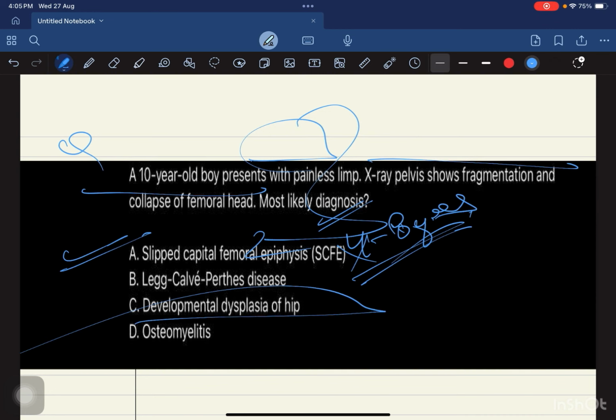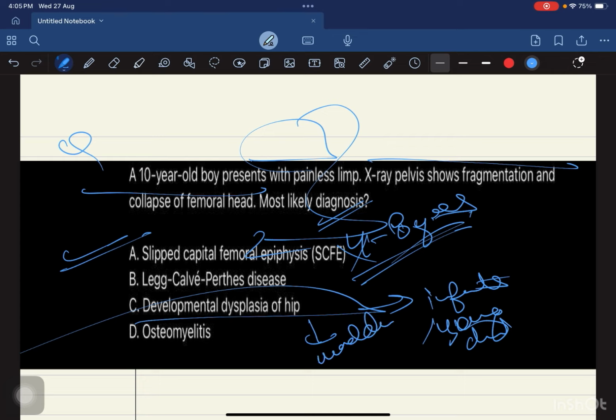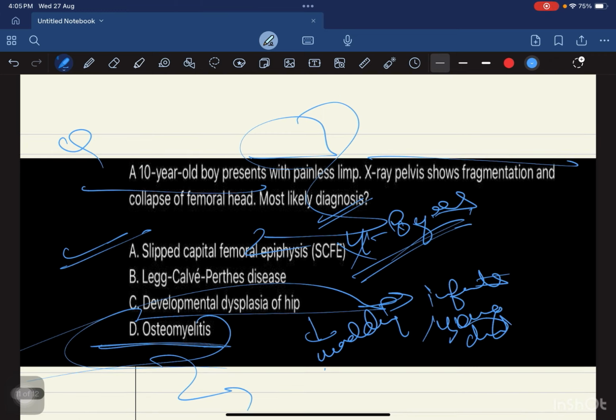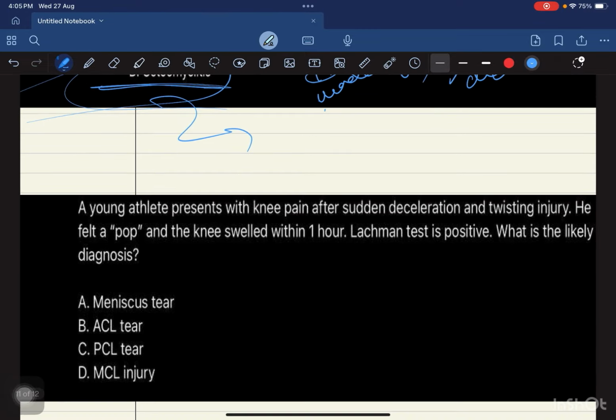Developmental dysplasia of the hip is present in infants or young children and associated with waddling gait and limb length discrepancy. Osteomyelitis is associated with fever, increased ESR and sepsis, so osteomyelitis is also ruled out.